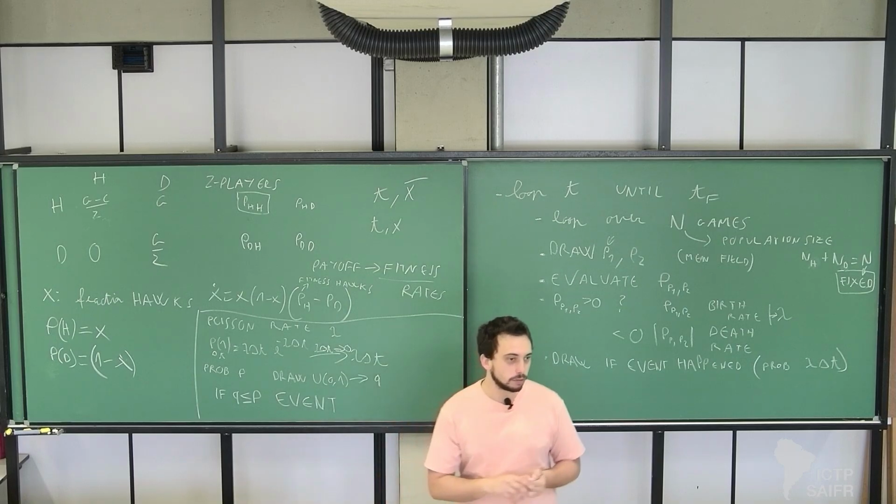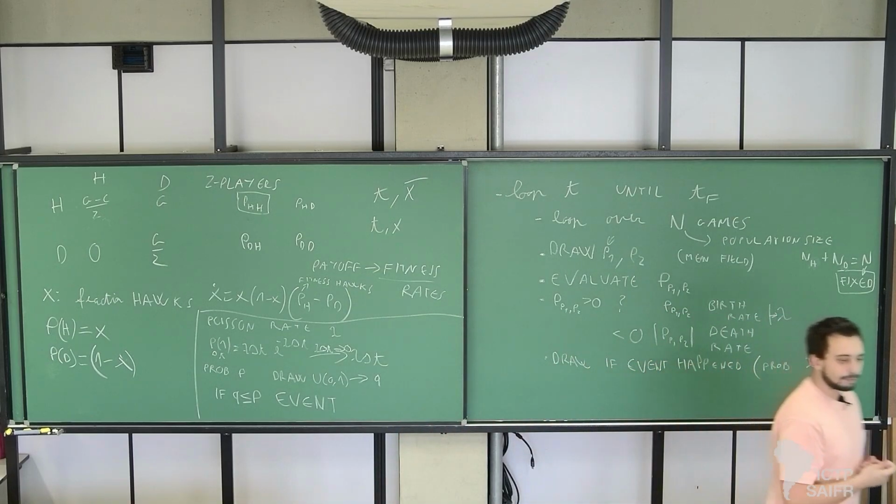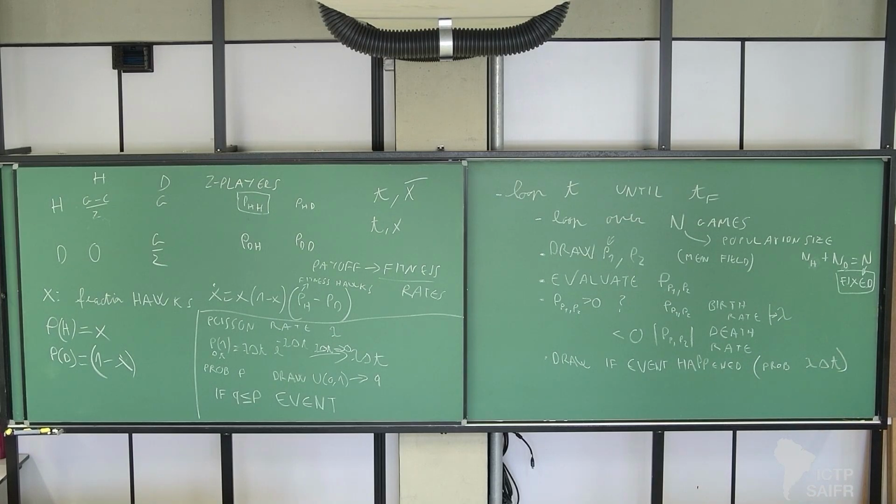Well, Jacopo, I still do not get where this Poisson expansion gets in trouble here, because we evaluate the payoff matrix in the second topic, and then if this payoff is greater than 0, it's positive, so it's a birth rate. But you say that is the lambda.